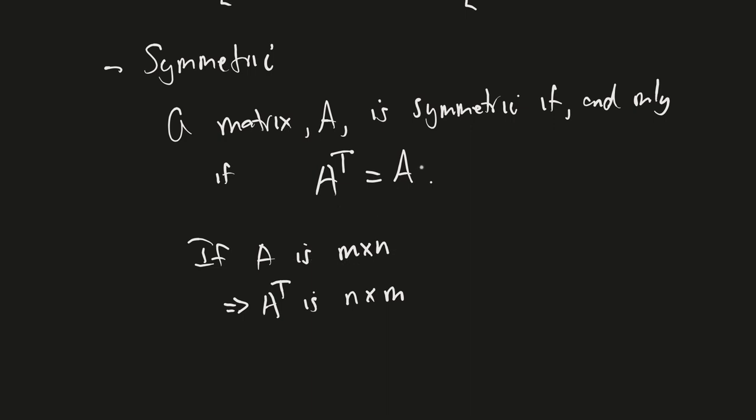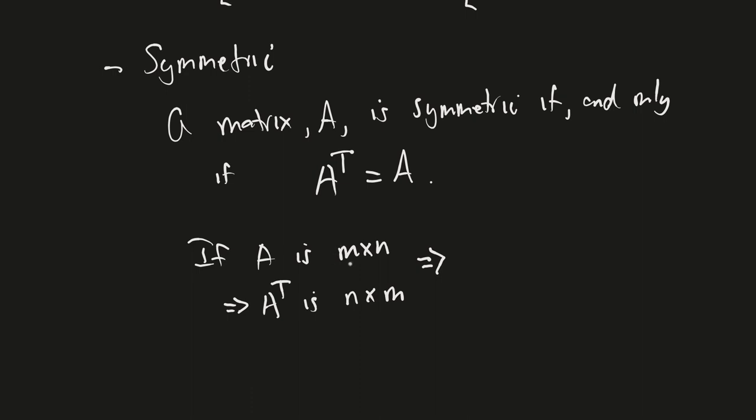So for starters, the only types of matrices that can be symmetric are the ones where m is equal to n. So this implies only square matrices can be symmetric. Putting this all together, this is the definition of the transpose, and the definition for equal matrices is that their dimensions have to be the same.